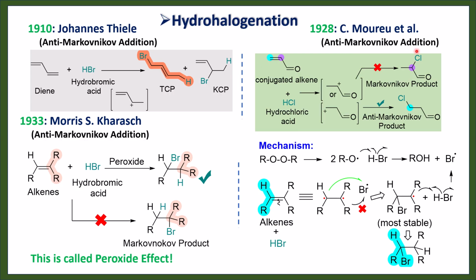Another anti-Markovnikov addition product was found by Moureu et al. in 1928, when he used a conjugated alkene with hydrochloric acid. Instead of the Markovnikov product, where the more substituted carbon attaches to the electronegative chlorine, the less substituted carbon gets the chlorine, because of the intermediate carbocation here.